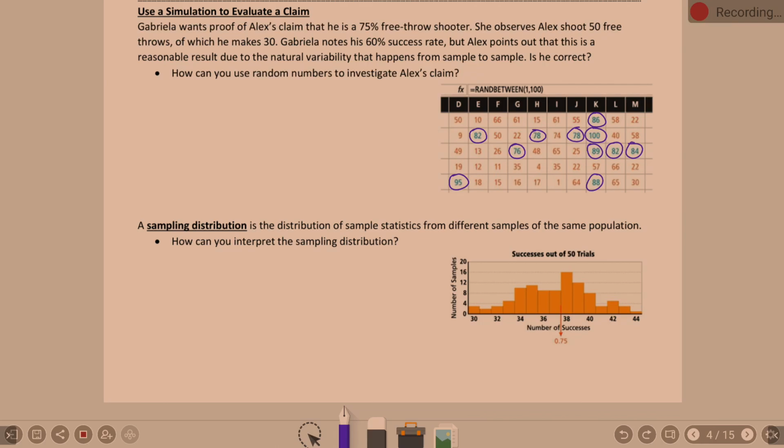So, how can you use random numbers to investigate Alex's claim? I'm going to say use a random number generator. That can be something on a calculator, or something like Excel, for instance. Generate numbers 1 to 100.